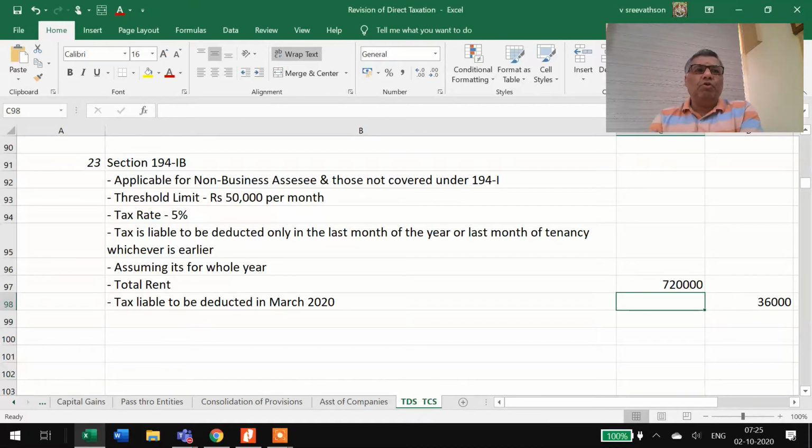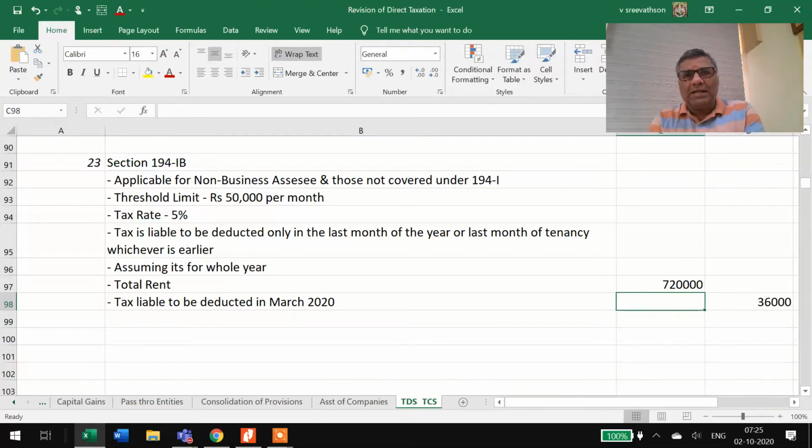The remaining 24,000 you will be paying to the owner for the month of March alone. The responsibility to deduct is only in the last month of tenancy. Suppose he vacates in October, I will compute for 7 months and on that I will compute 5%.